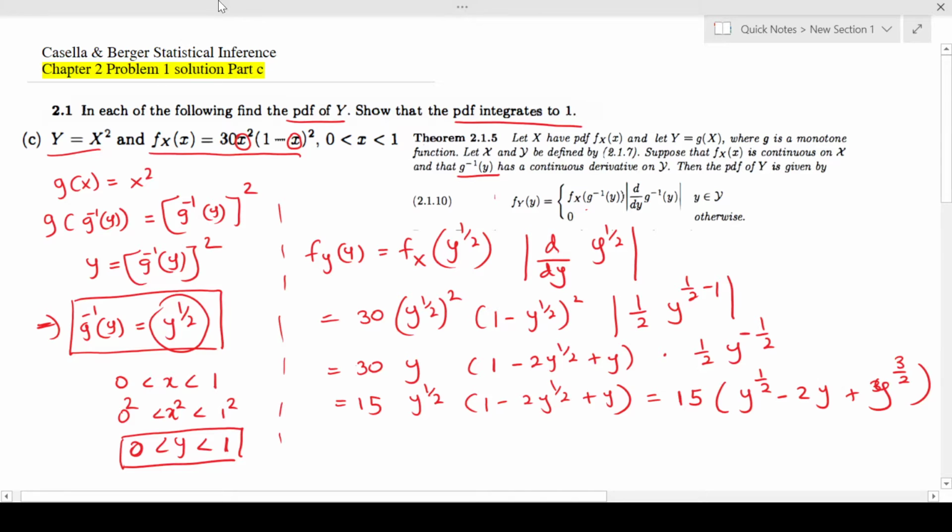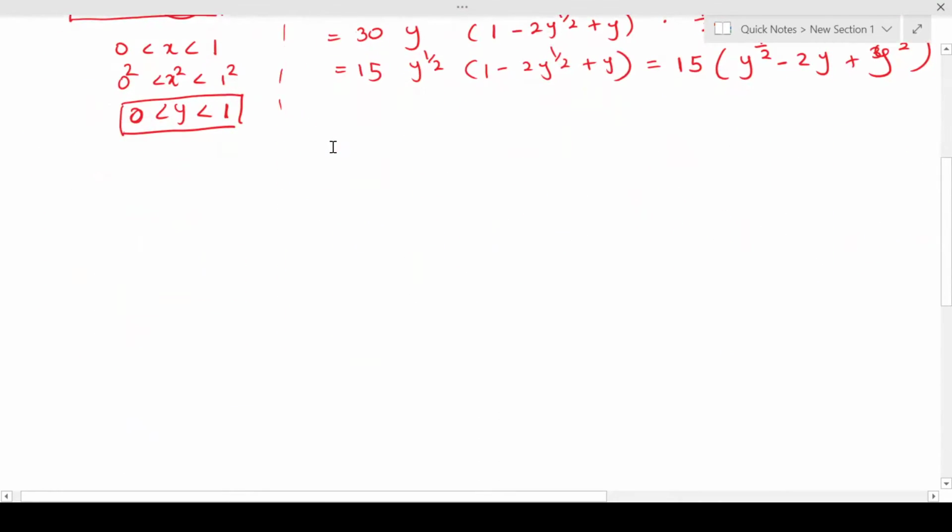Okay, so we are done finding the PDF. Let me write it clearly. f_Y(y) is equal to 15 times (y to the power half minus 2y plus y to the power 3 over 2), and y ranges from 0 to 1.